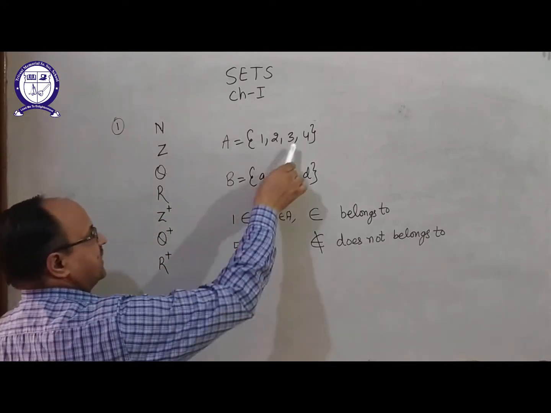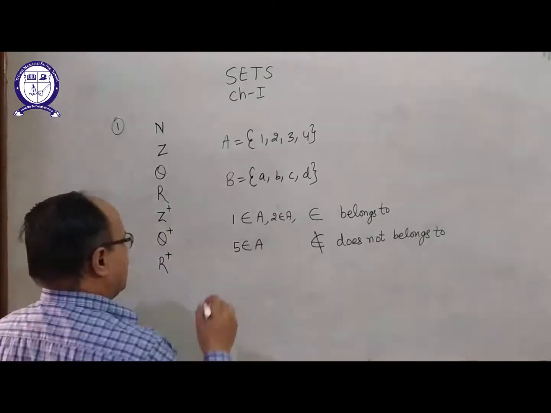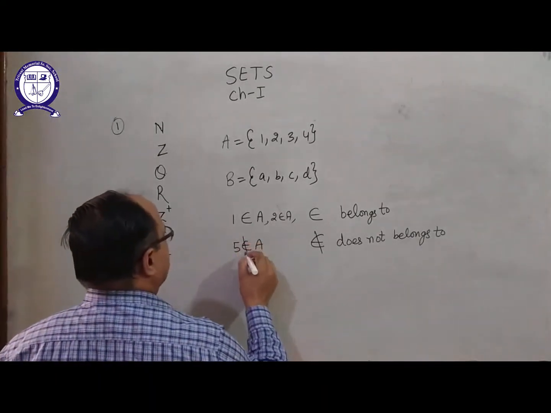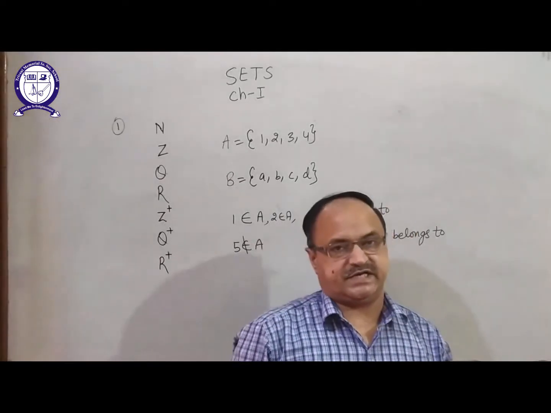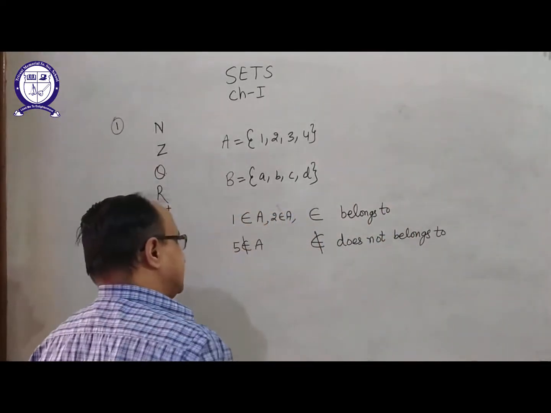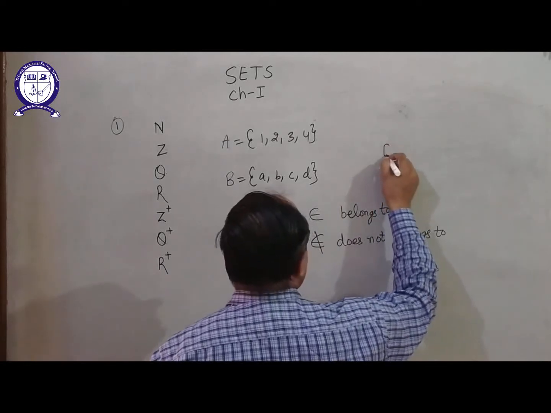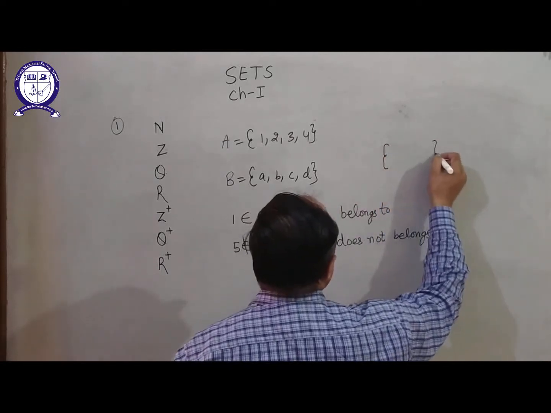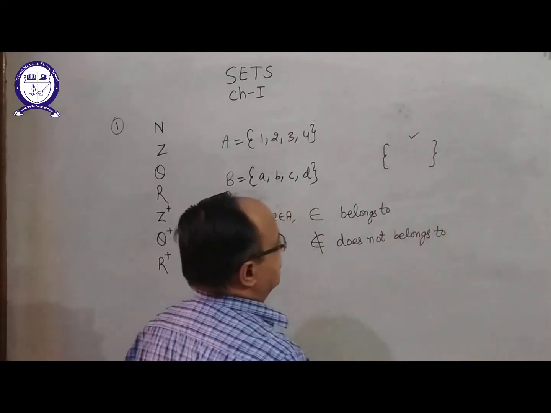Check again. Is 5 an element of set A or not? 5 does not belong to set A. And you know that a set is generally denoted by curly brackets. For sets we use these brackets. Right?